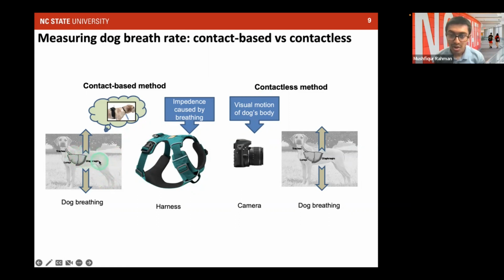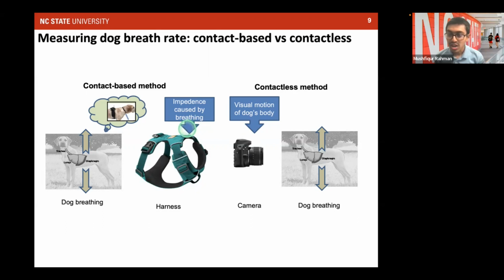So in the contact-based method, generally a wearable device such as a dog harness is put on the dog's body, and it can record the impedance that is caused by the breathing, and as the impedance changes with time, it can analyze the signal of this impedance and get the breathing rate.